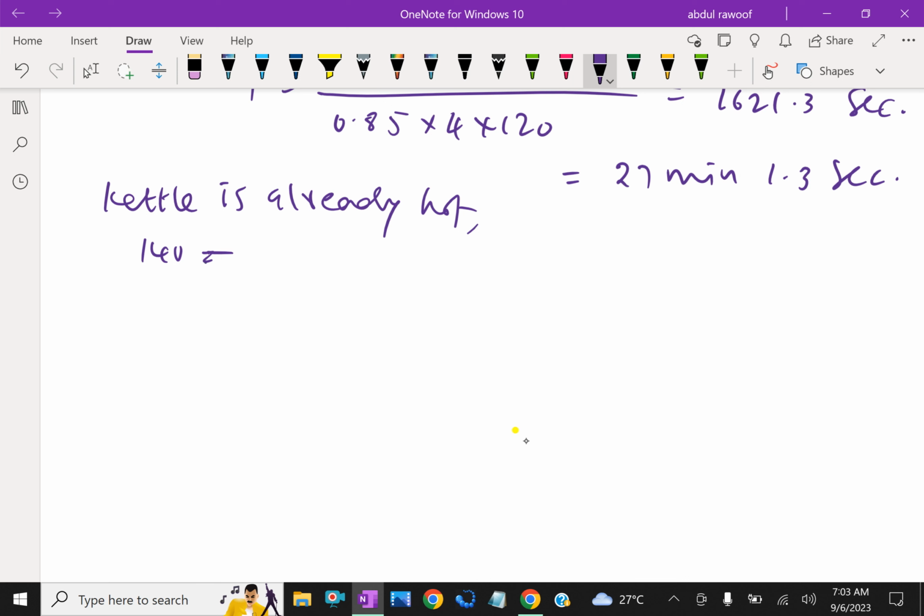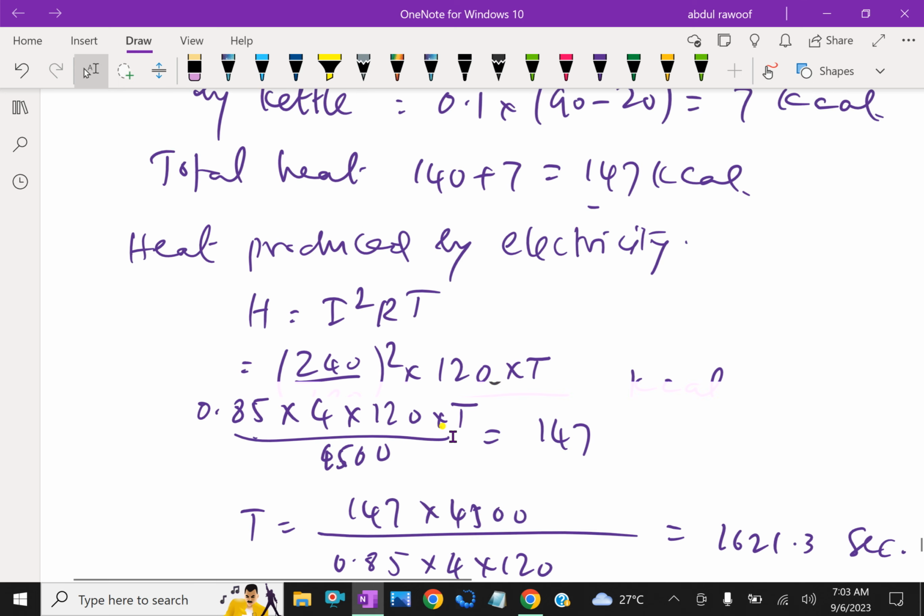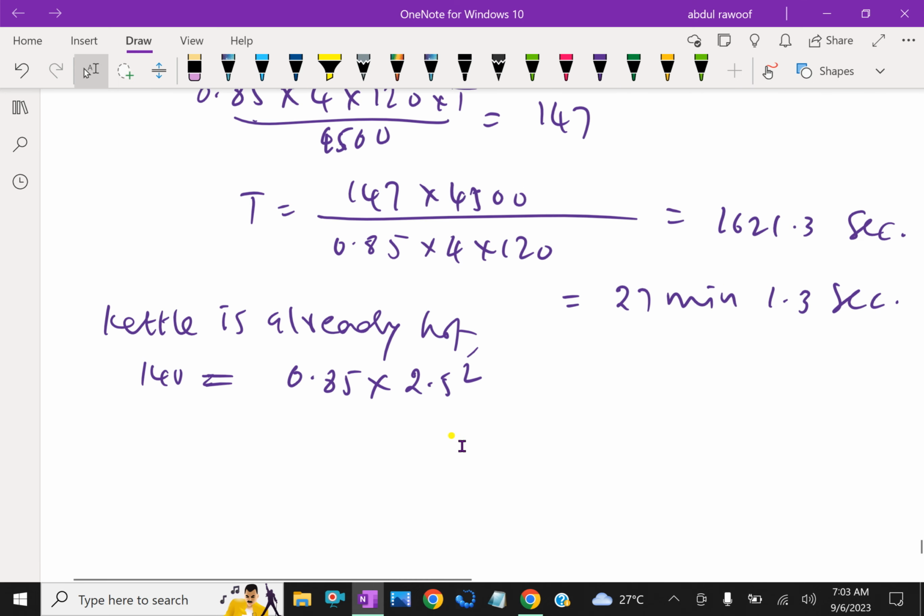So we are taking 140 only for the water. Heat required to heat the water is 140, equal to the efficiency 0.85 into 2 squared.